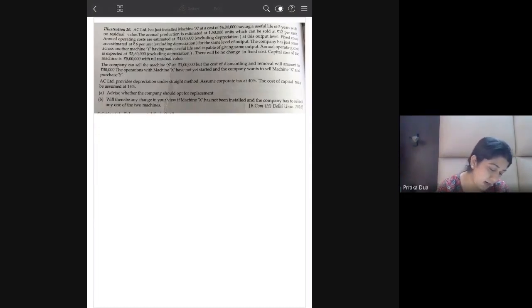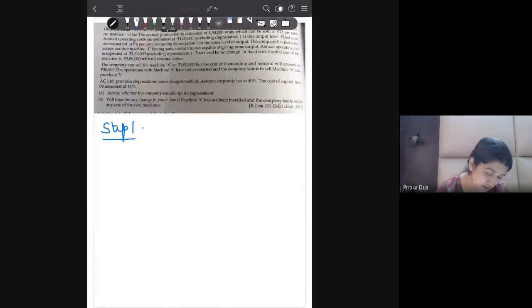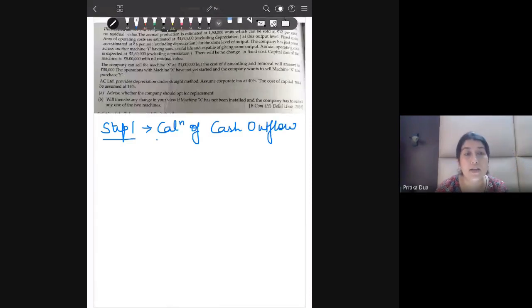So, let's start with step 1, which is the calculation of cash outflow. In this question, we will also consider the depreciation or the tax effect of capital gain or capital loss.